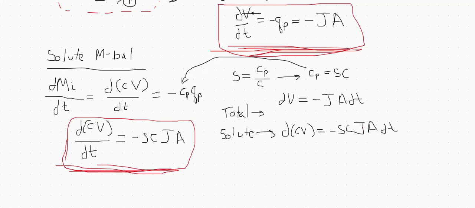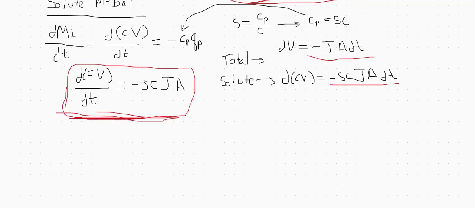Okay. And now you'll notice that we have a minus JA dt there and a minus JA dt in the solute. So that's how we'll combine these two equations to write the following. dCV is equal to minus SC dV.